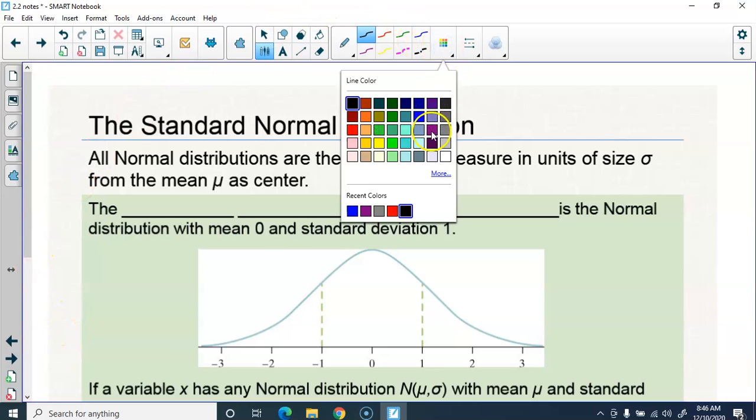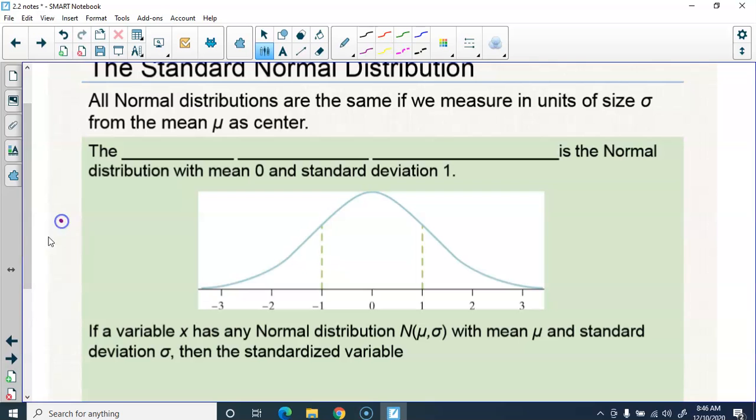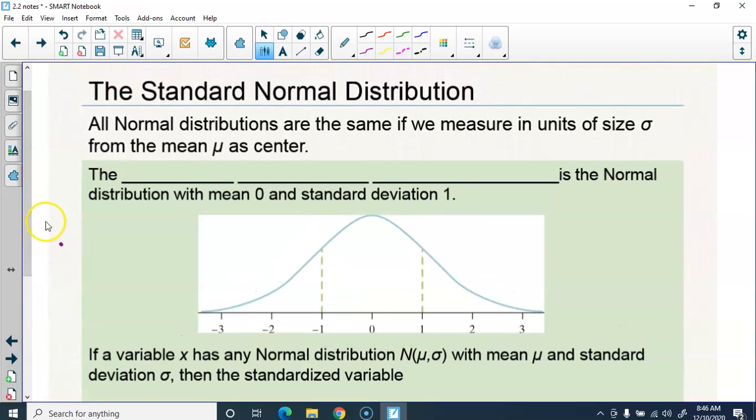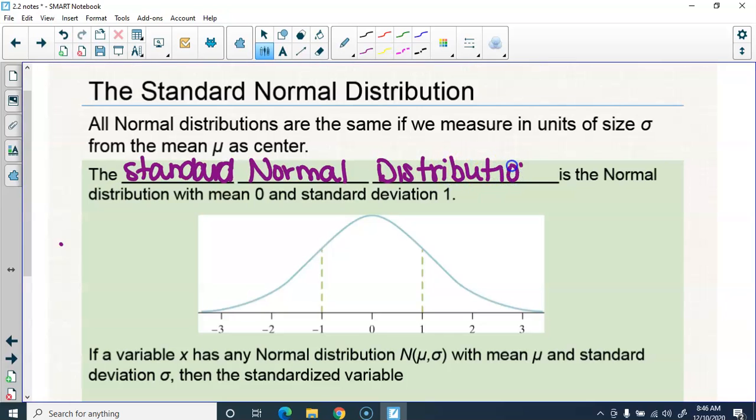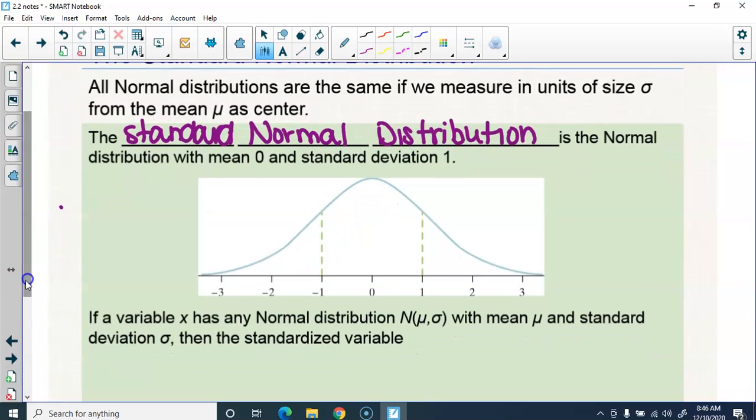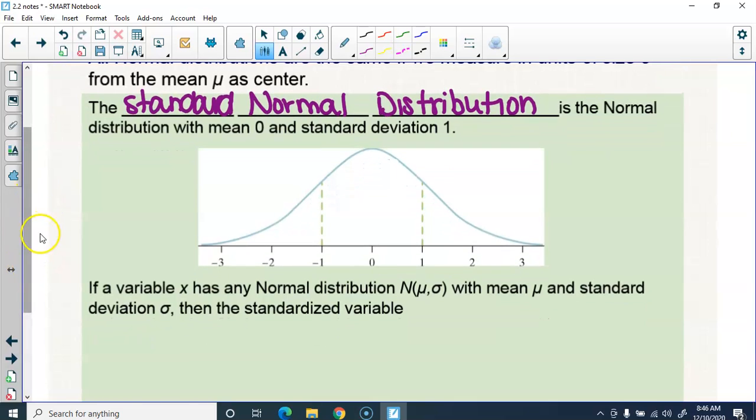Okay, so now let's look at what is called the standard normal distribution, and that has some very specific conditions to make it standard. So notice the question we just did prior had a mean of 64.5. The standard normal distribution always has a mean of 0 and a standard deviation of 1. This can also be described as the normal distribution of z-scores, which we touched on very briefly.